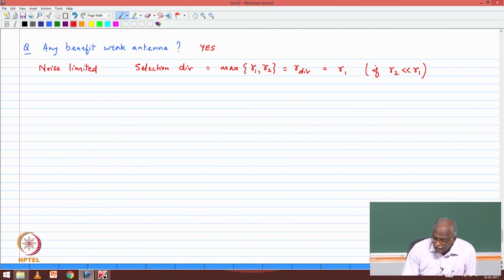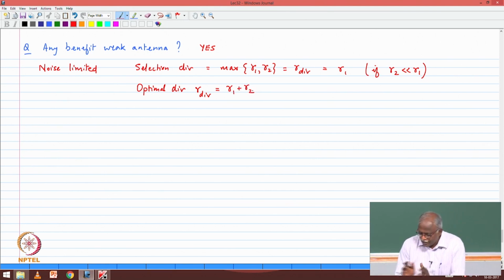On the other hand, when we talk about optimal diversity, we will show that the signal that comes out from optimal diversity actually comes out to be gamma 1 plus gamma 2. That is one of the results of optimal diversity combining.